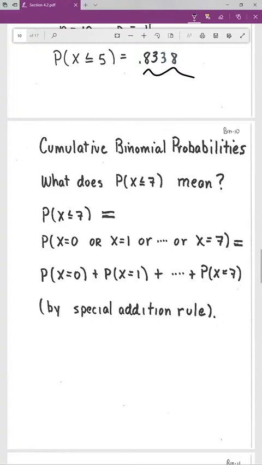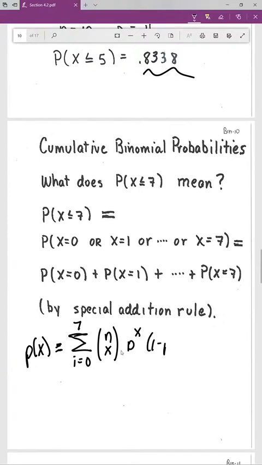So we can do our binomial formula for, in this case, the summation from i equals 0 to 7 of n choose x times p to the x times 1 minus p to the n minus x, for whatever our p and n are.